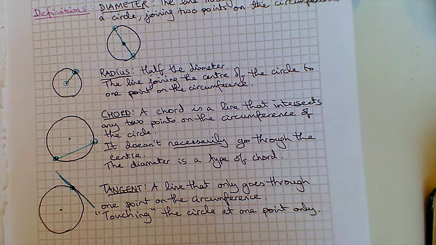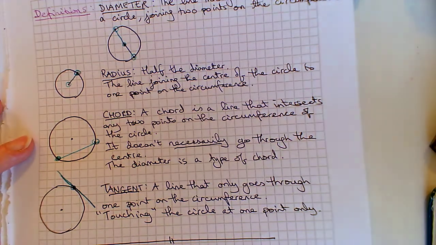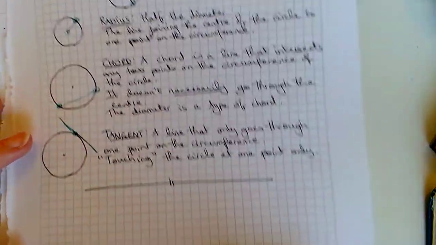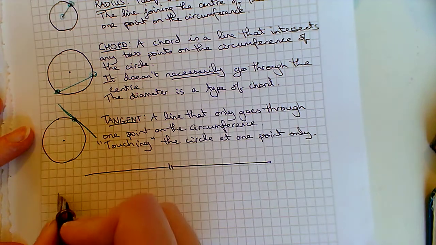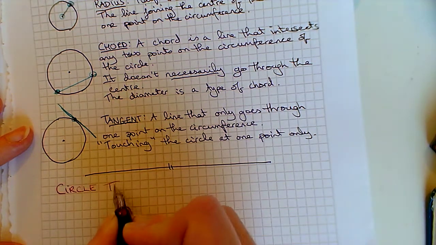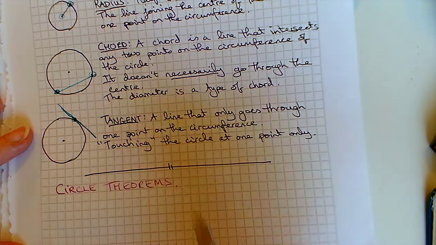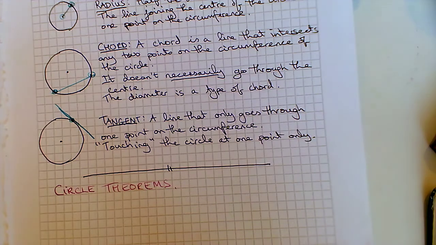Okay, so why did we need to know all of these terms? Well, we have a few theorems that we need to know the definitions of and know how to use. So we've got several circle theorems, and we're going to write down the definitions of 3 of them today. I'm going to give them a shorthand name, but you don't need to know the name.